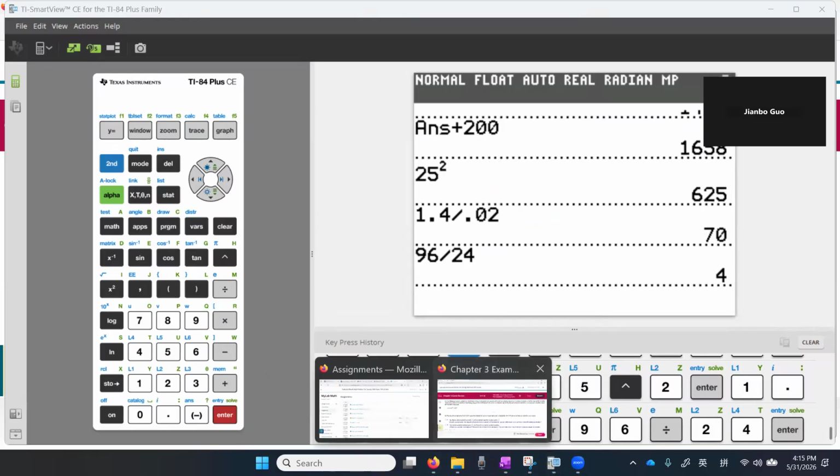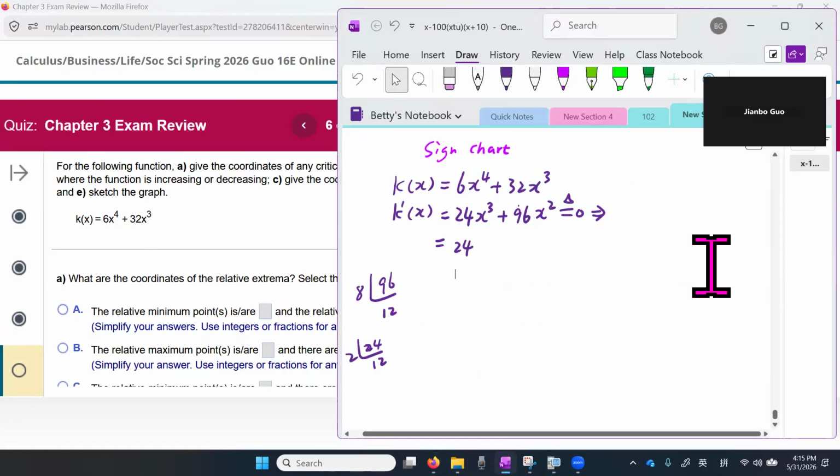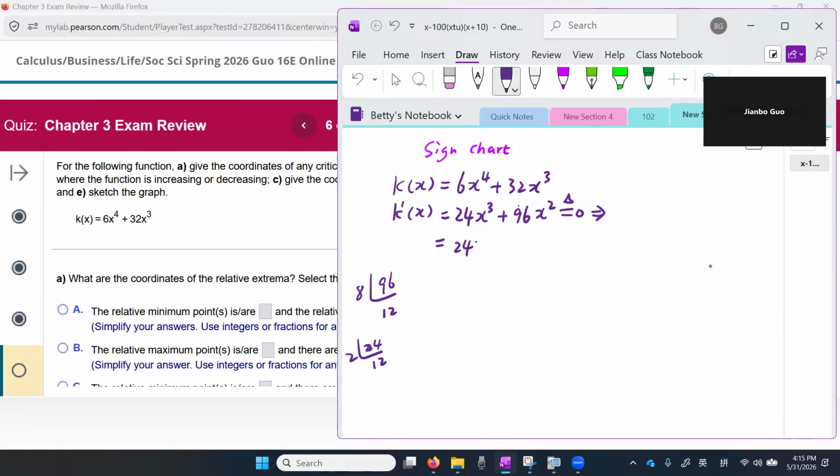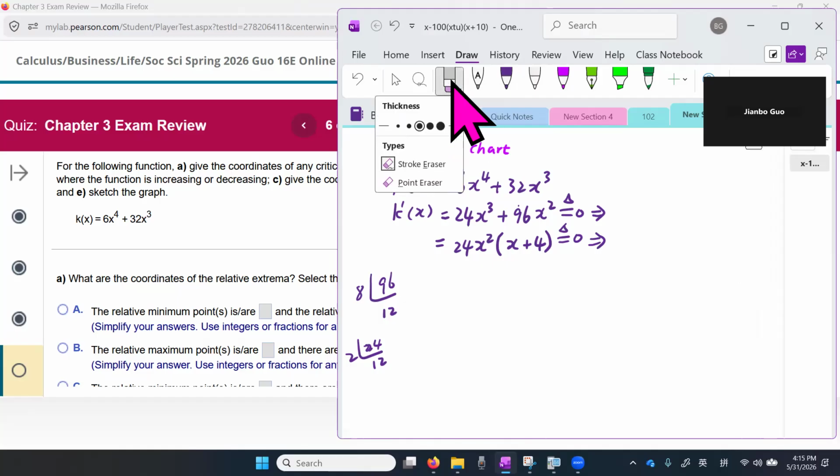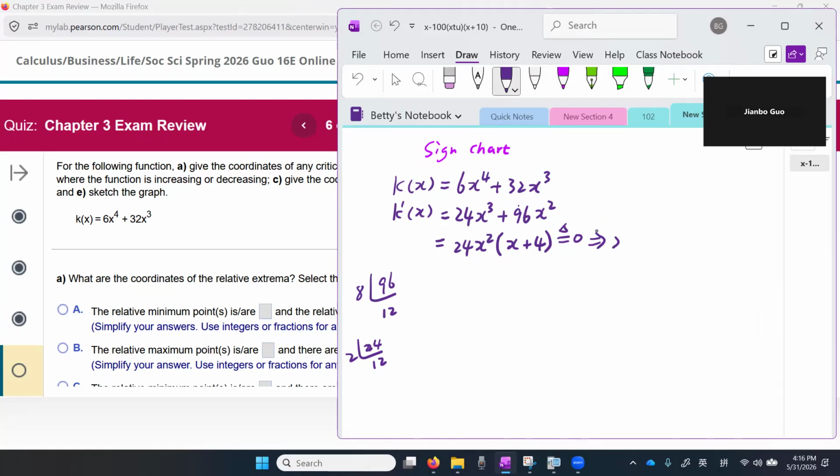Sorry about that. So factor out 24x squared. We have x plus 4, right? Okay, double check: 24x cubed plus 96x squared. So if we make that be 0, we have x equals 0 and x equals negative 4. So those are the critical values, okay?